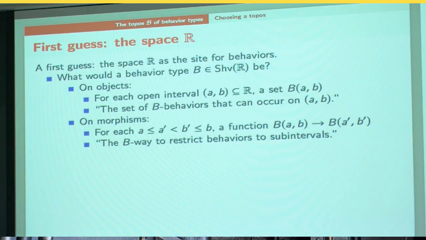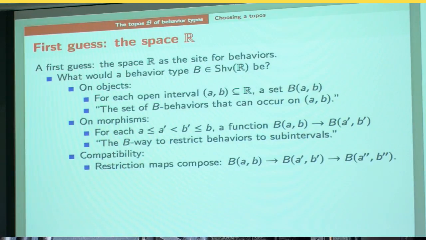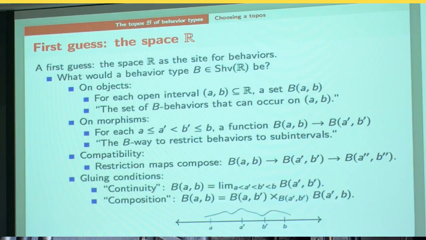So there's a way to restrict any movie to a sub-time window of that movie. And of course, if you restrict to 9:50 to 9:55 and then restrict again, it's the same thing as restricting all at once. But more importantly, there are gluing conditions, and I can break them into two pieces.